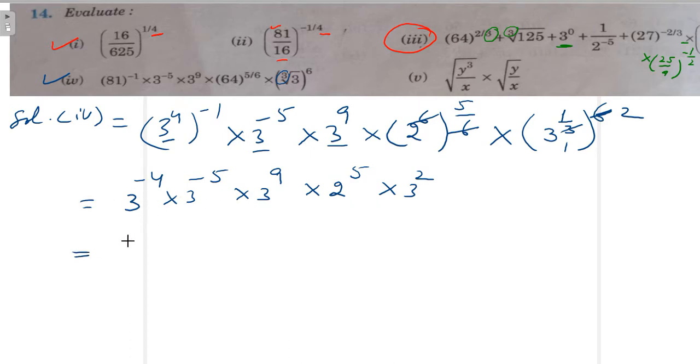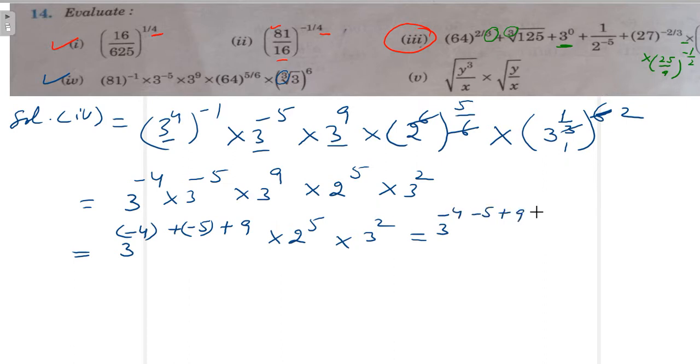So I am going to add these, minus 4 minus 5 plus 9, I will put it in bracket, into 2 raised to power 5 into 3 raised to power 2. Minus 4 minus 5 plus 9, 5 plus 4 is 9, so these all got cancelled here.